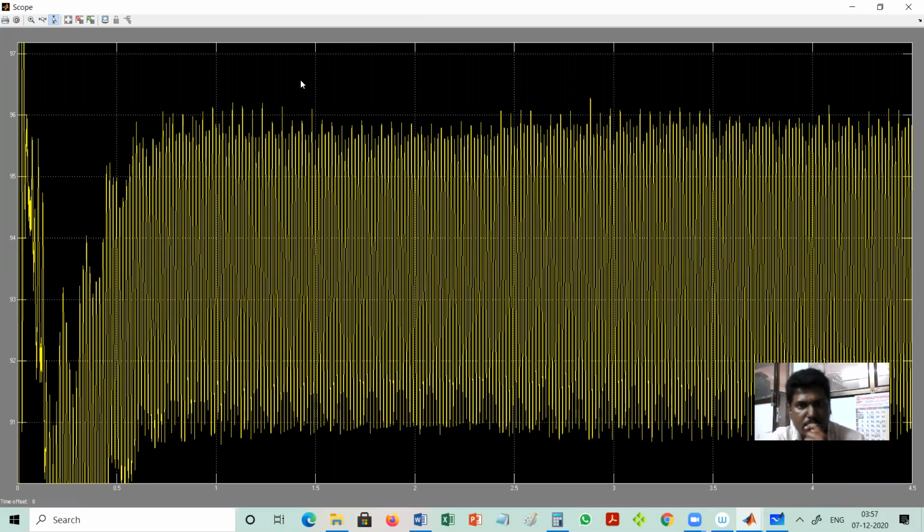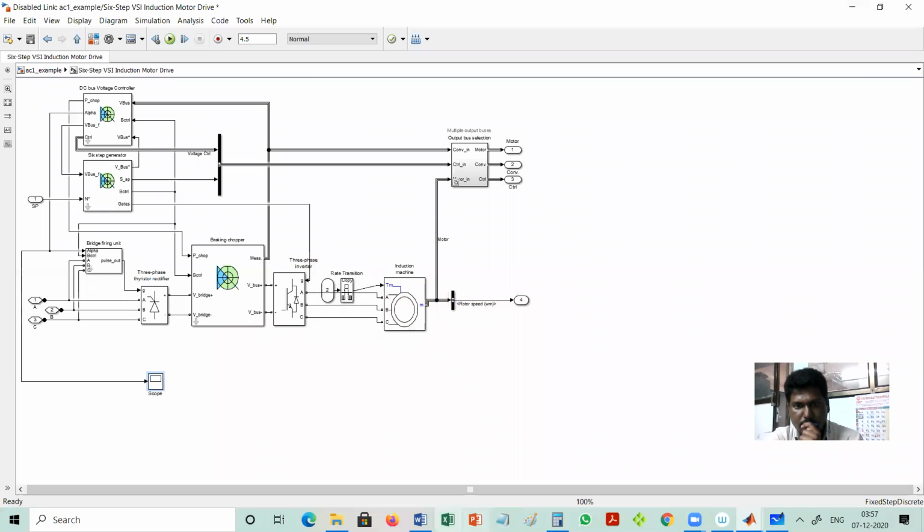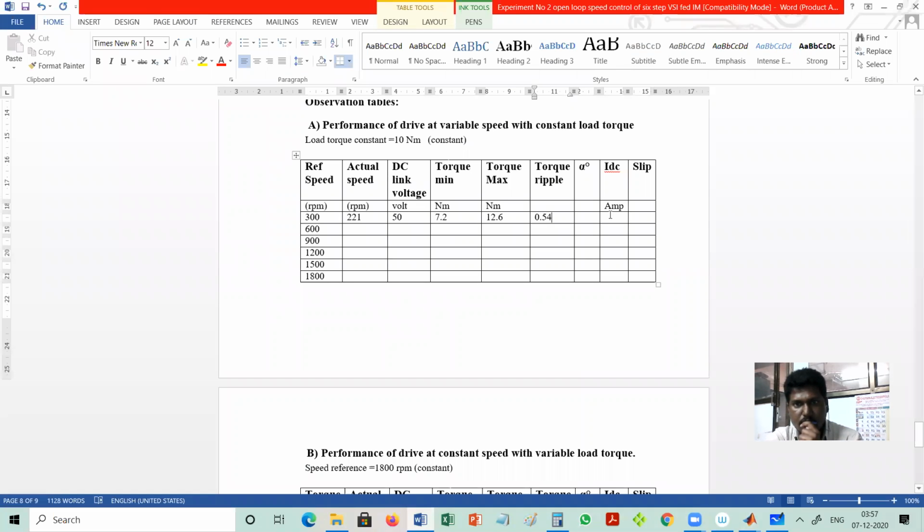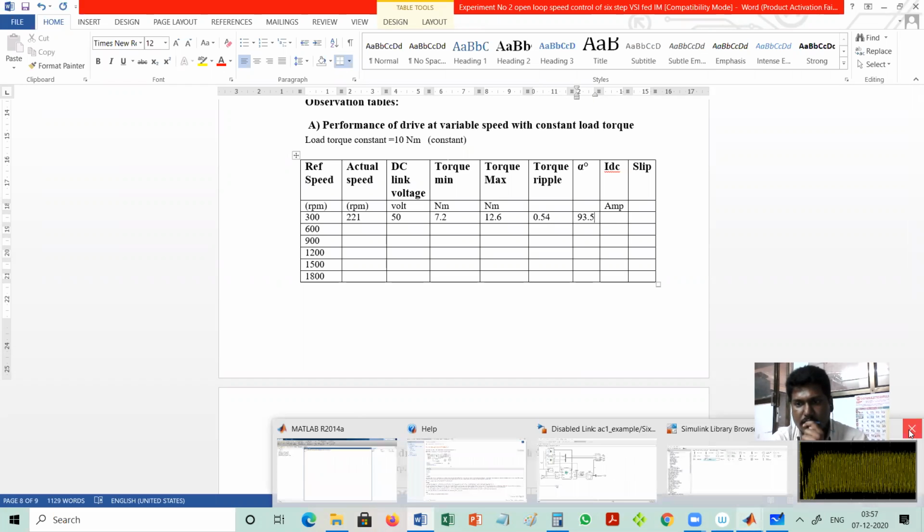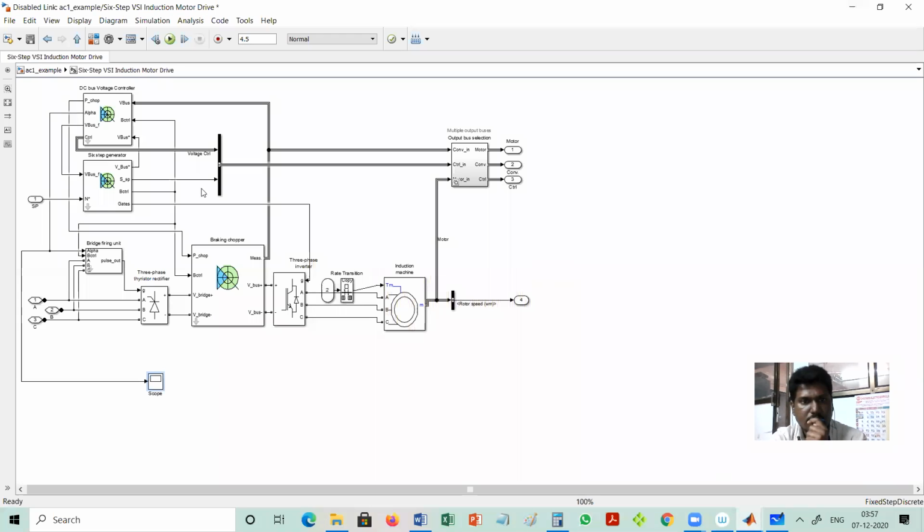It is around 93 or 93.5. So alpha is equal to 93.5. And for IDC, we have to see what is the value of IDC.